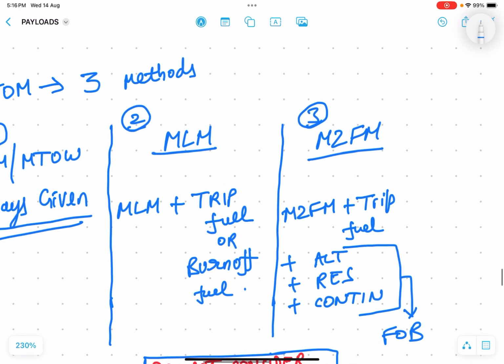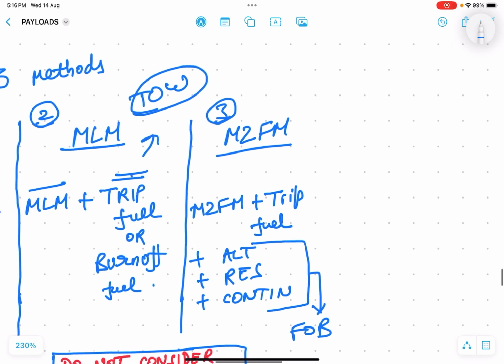As told earlier, if we add trip fuel to maximum landing mass, we get our takeoff weight. So this is the second method of calculating takeoff weight. And third is if we add trip fuel, alternate, reserve and contingency fuel to maximum zero fuel mass, we will again get our takeoff mass.